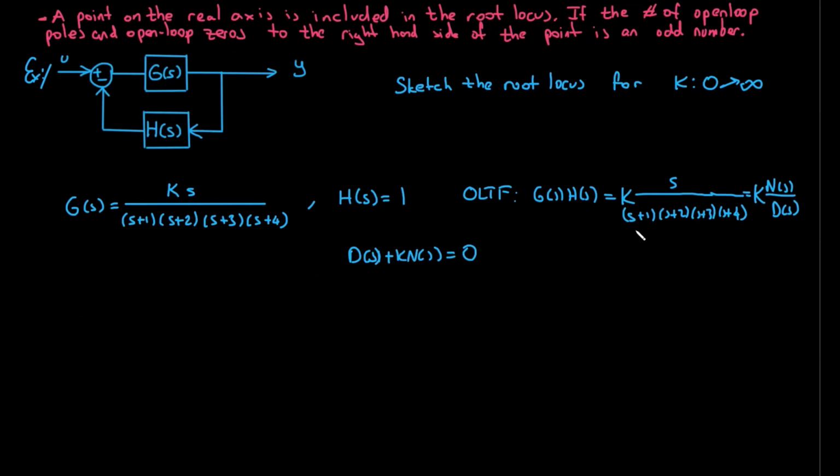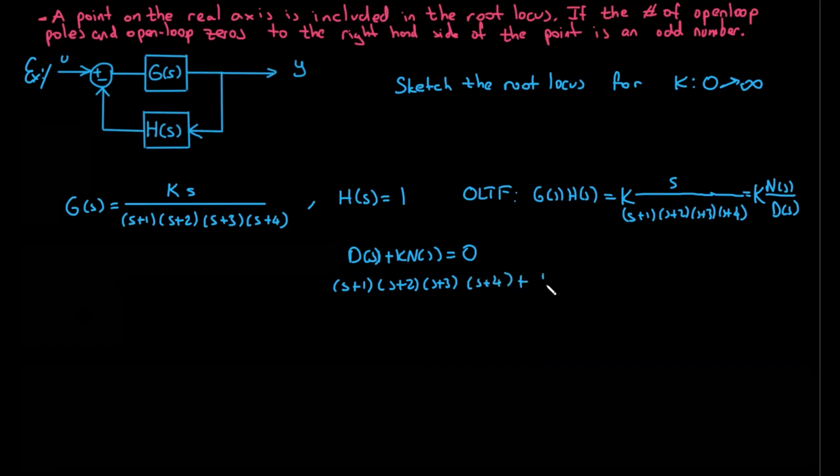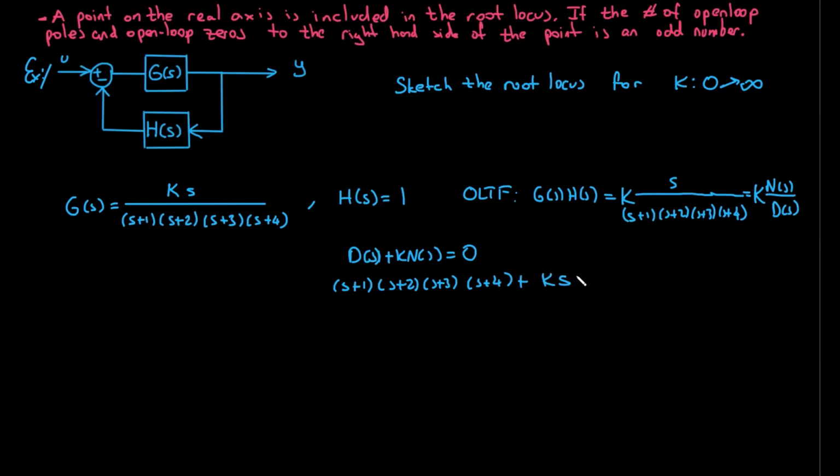More specifically, I'm trying to find the closed pole locations, the roots of (s+1)(s+2)(s+3)(s+4) plus K times s.